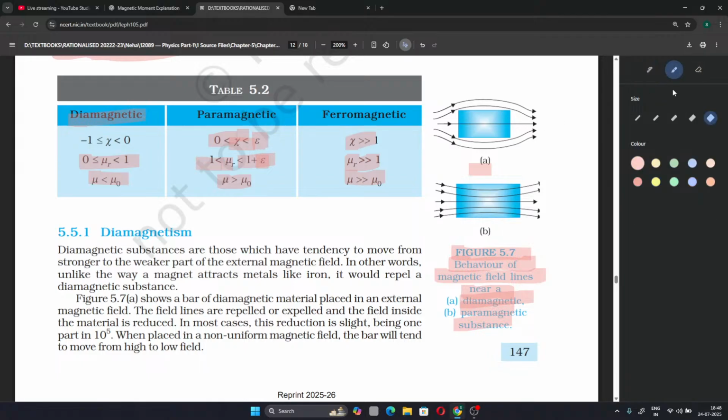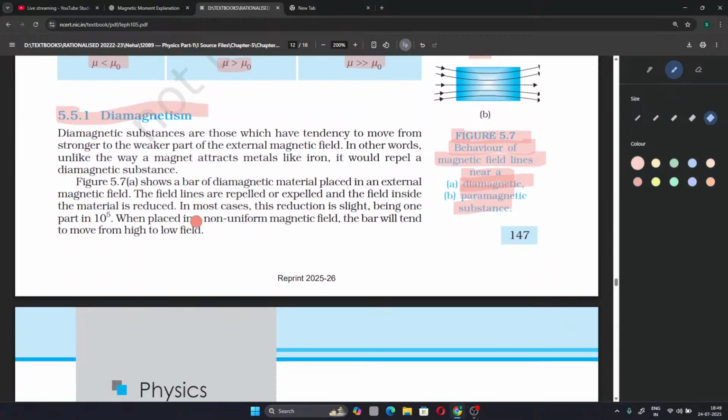Now let's start with the next main subtopic, that is diamagnetism. Diamagnetic substances are those substances which have a tendency to move from stronger to weaker part of the external magnetic field. Meaning they will get repelled, as the stronger part will be at the north pole.